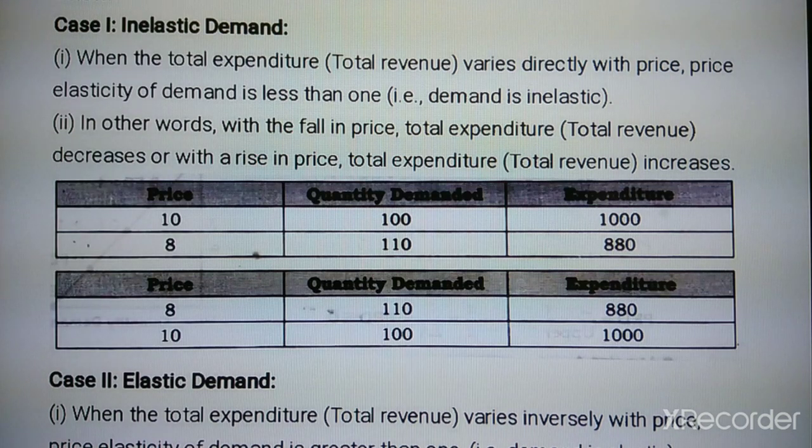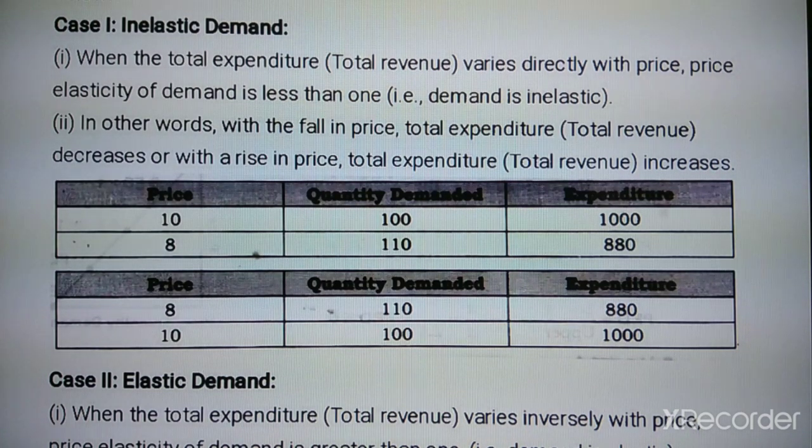And when the price has gone down to 8, the quantity demanded will increase from 100 to 110. Now how much is the total expenditure? 880. Now here you see total expenditure is decreasing from 1000 to 880. So here it is called inelastic demand, means with decrease in price, in simple words, if expenditure decreases, then we call it what?